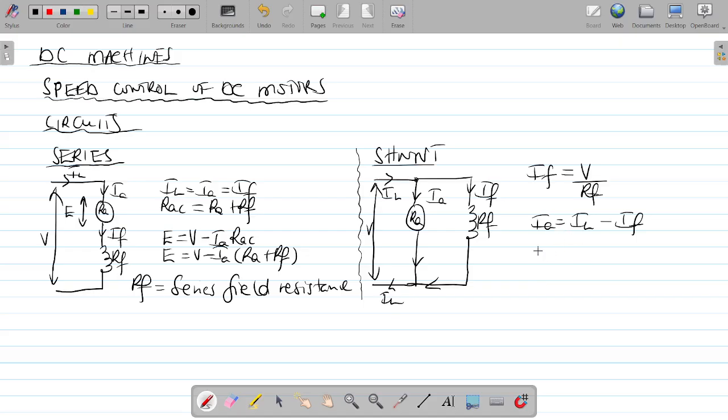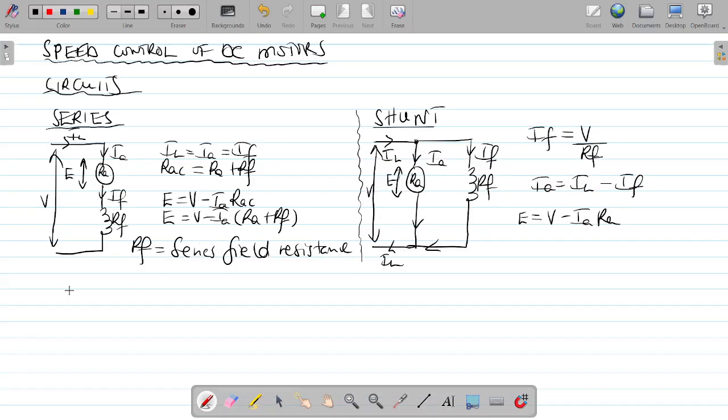And then your formula for back EMF around there: the formula for generated EMF says V minus IA RA. So these are the formulas you need to make sure you know under shunt.